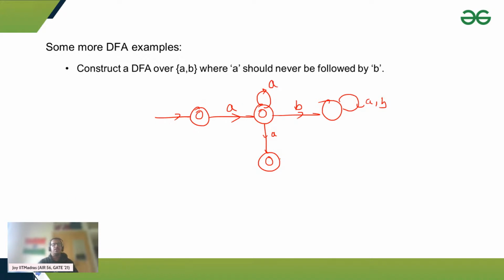If there are multiple As, that is fine, but A should not be followed by B. If it is followed by B, then we'll go to the dead state.